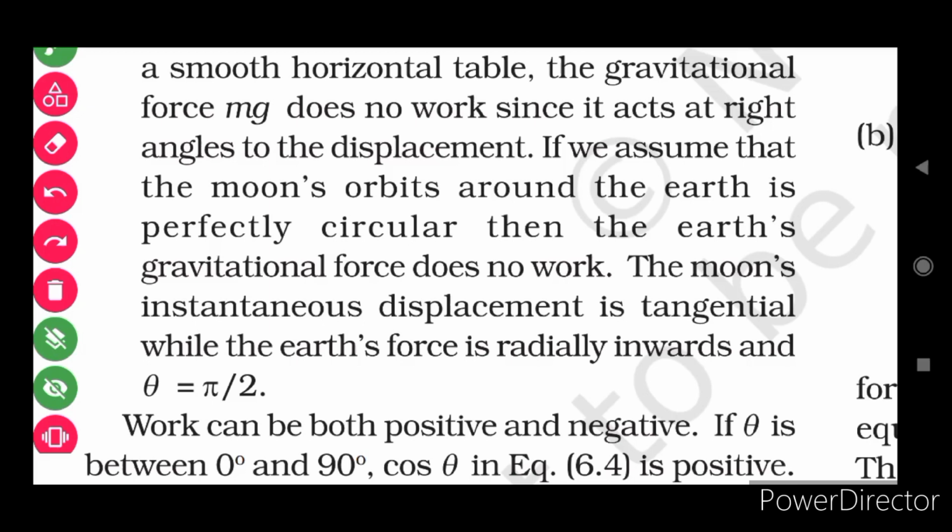Then the work done by the gravitational force is 0, because the gravitational force is acting towards the center of the earth, and the direction of velocity of the moon at a particular point is tangential. What is the angle between them? 90 degrees. So there is no work done in this case also.